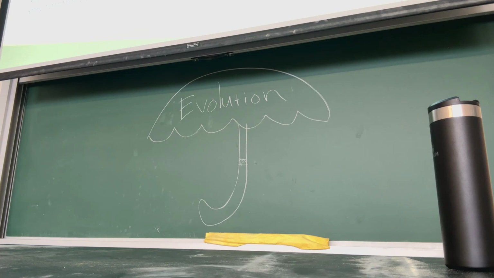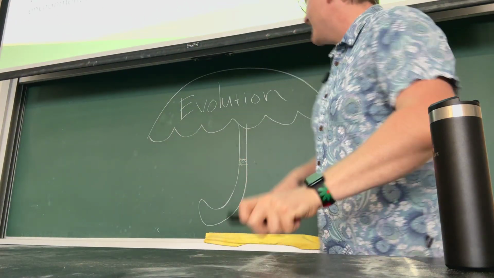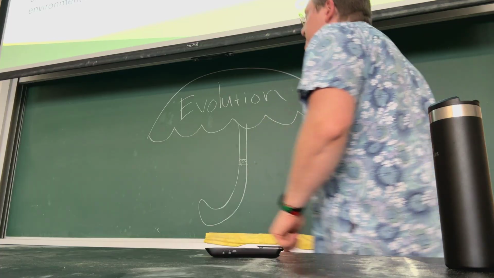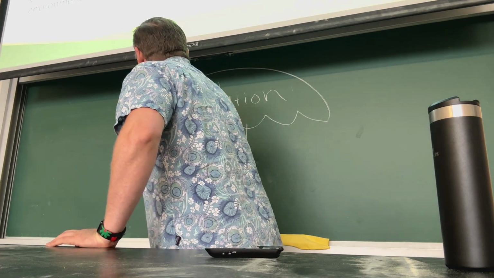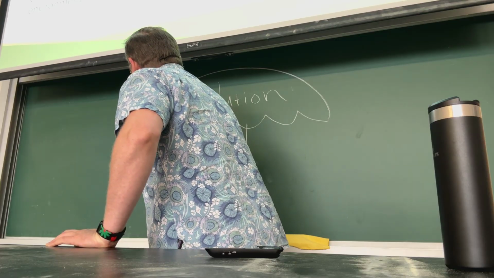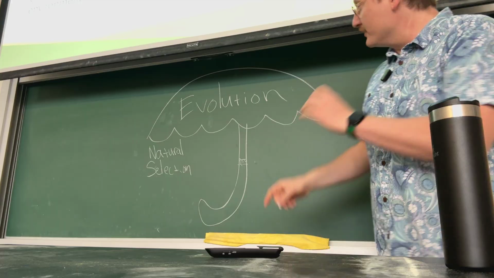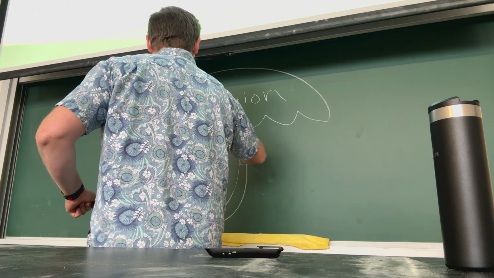Let's move through a few slides here. Natural selection is a force that leads to evolution, but it is not the only way that populations evolve. Under the umbrella term of evolution, we've got natural selection. I already told you about sexual selection.